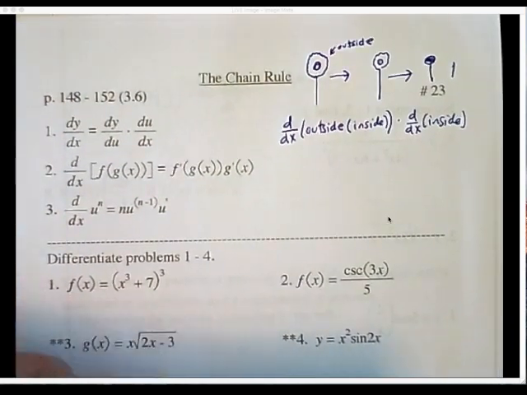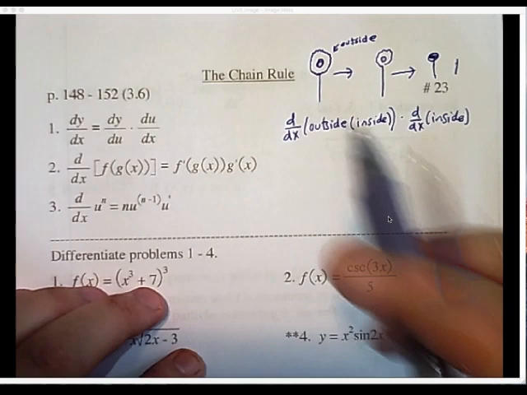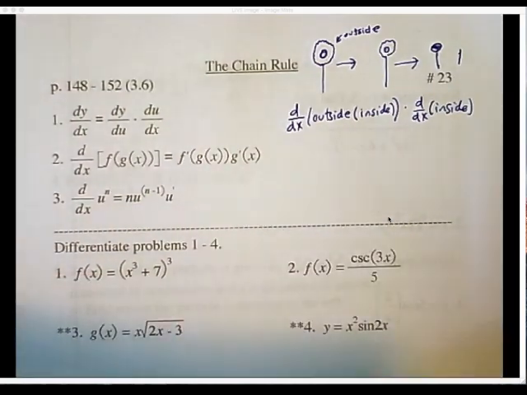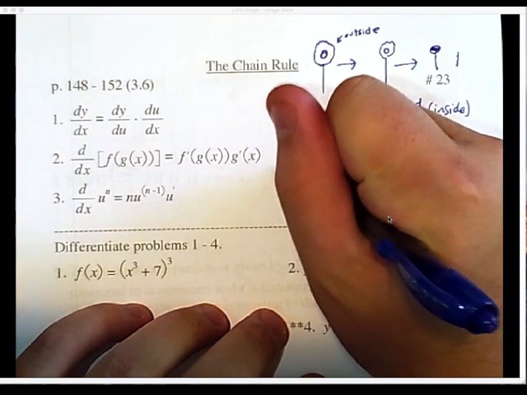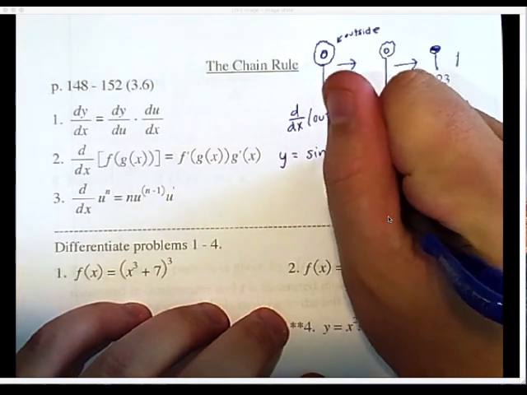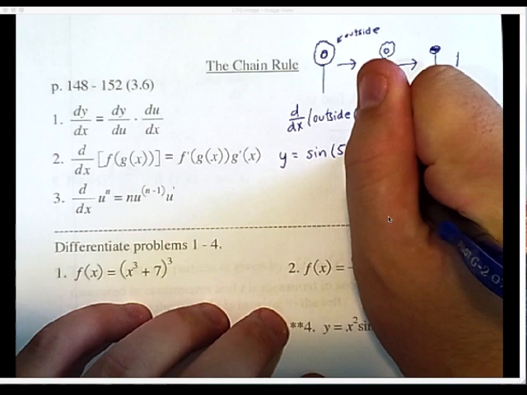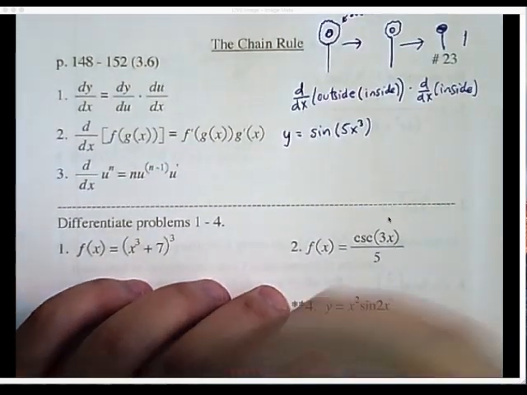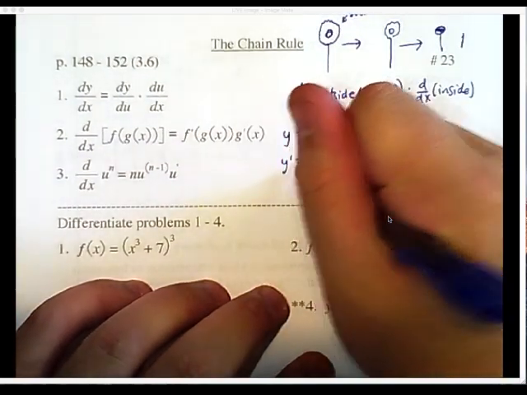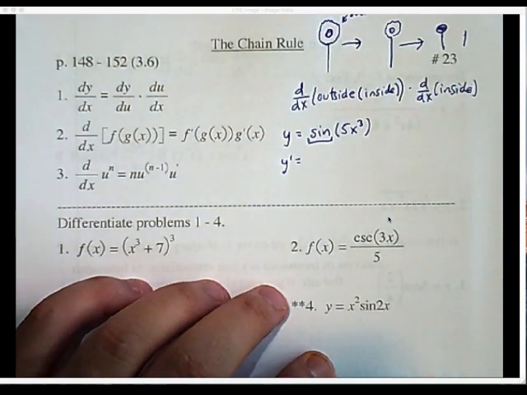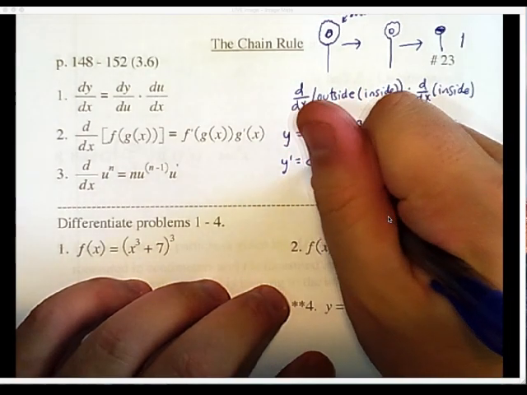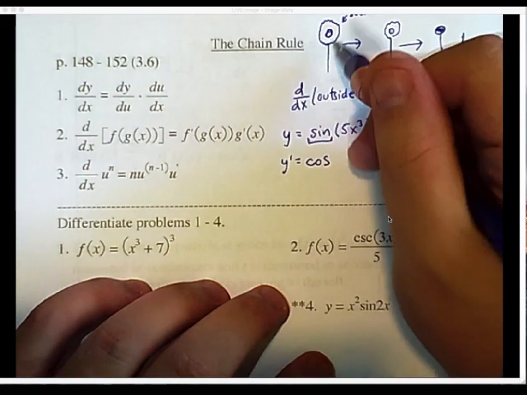Okay. So here's a couple examples real quick. Let me just give you a practice problem. Let's say that y equals the sine of 5x cubed. Well, if we follow this process, first thing is we take the derivative of the outside. So the derivative of a sine is a cosine, but we're starting to eat the outside.